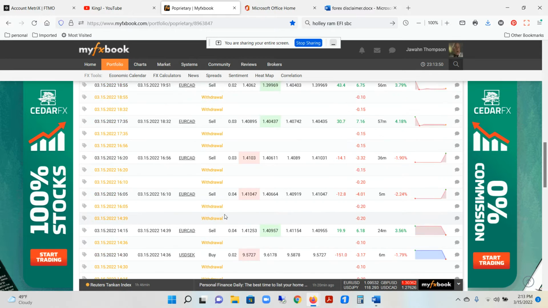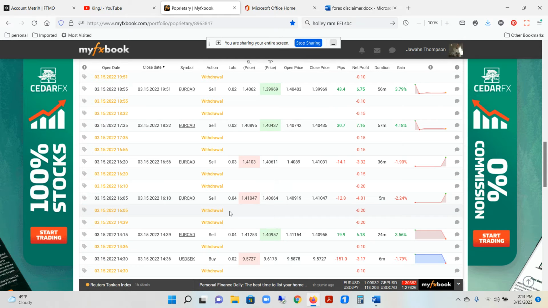But anyways, back to these losses. Okay, so like I said, I got these two losses right here. I didn't need to have those. It's just the placement of the stops. I think I'm going to move my stops a little bit further away. I'm going to adjust the algo, which uses indicators and all that stuff.